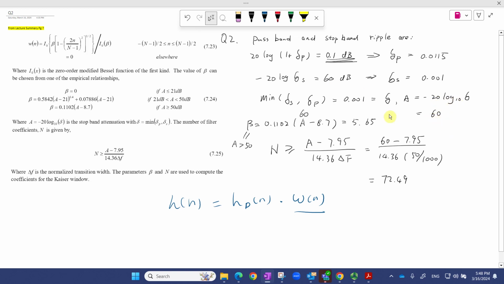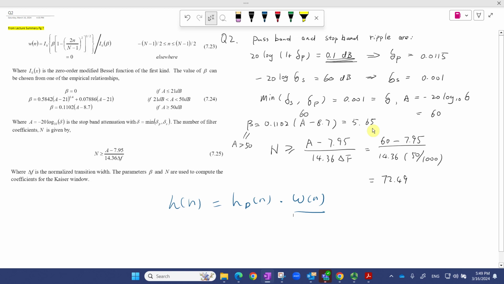So A equals 60, and we plug it into, where is the function for beta? Because A is 60 dB, which is larger than 50 dB, we're going to use alpha equal to this one, and plug A into it. We get beta equal to 5.65.